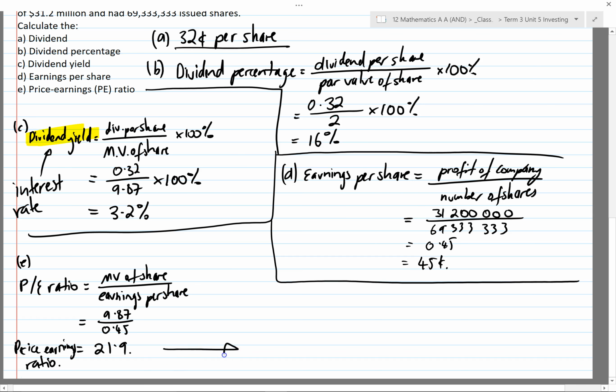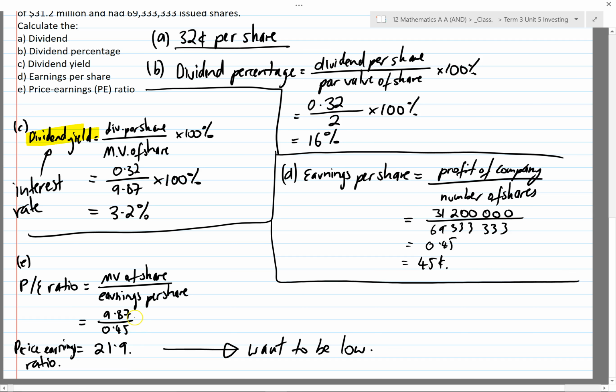The PE ratio, we want to be as low as possible. Because this is essentially saying the company takes almost 22 years to make back in profit the amount you invested.